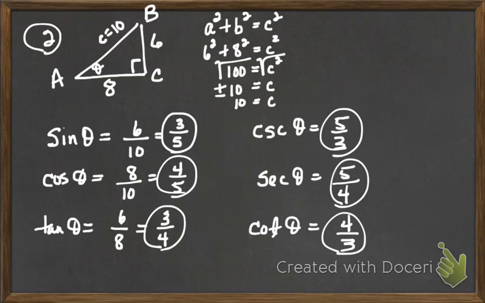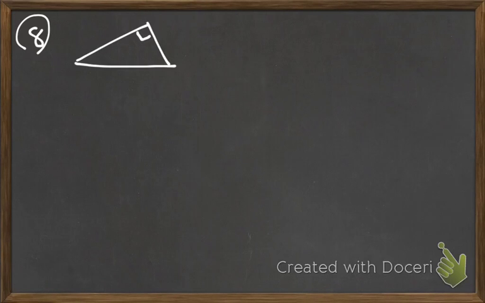The next problem I'm going to do is, I lied. The next problem I'm going to do is number 8. It comes from that section. They're going to give you another right triangle. It's going to look something like this. You do not have to draw the diagrams in your homework. It's just good for your notes to have a picture of what you're doing.